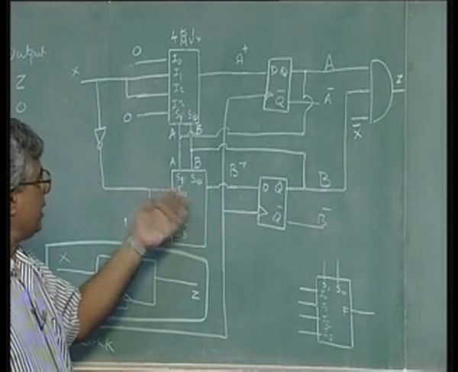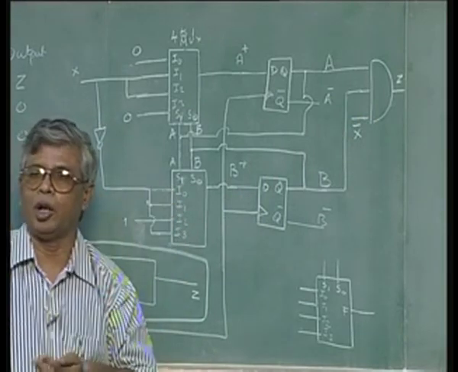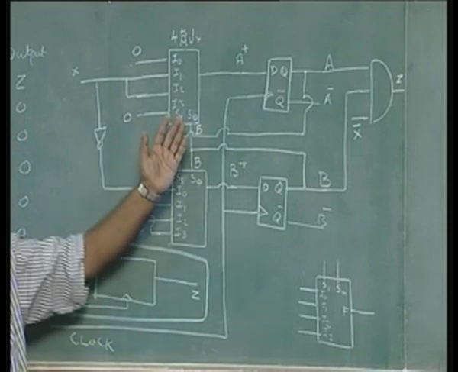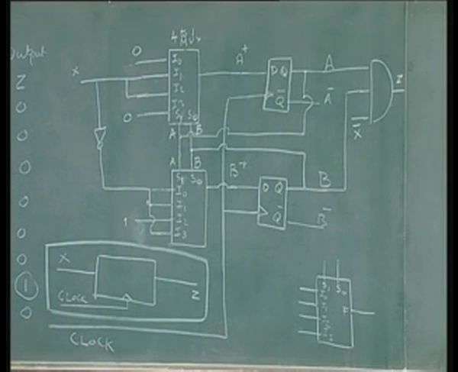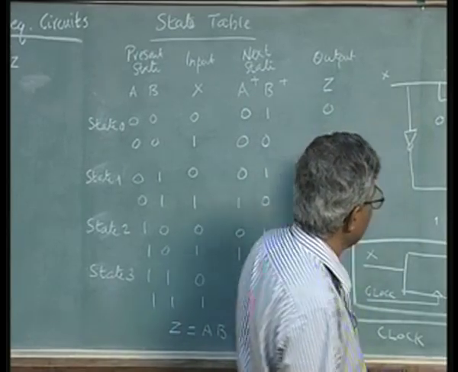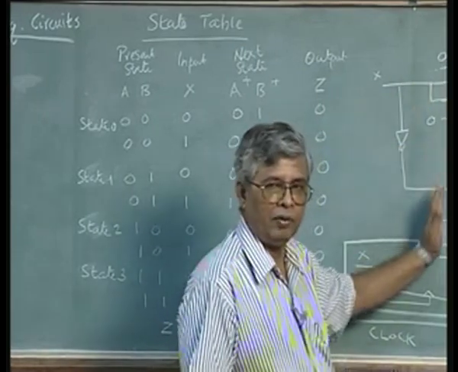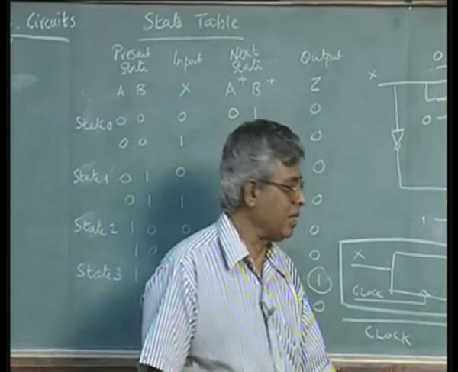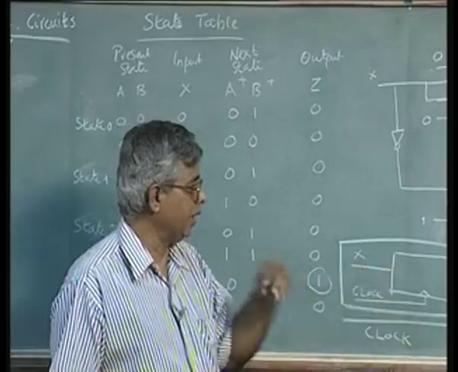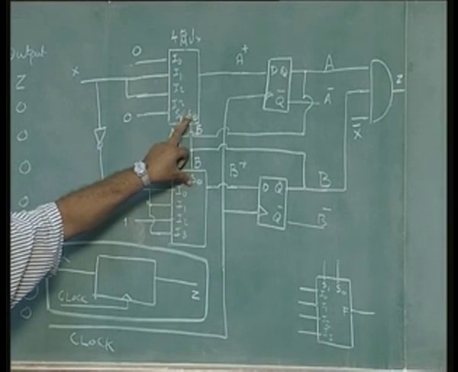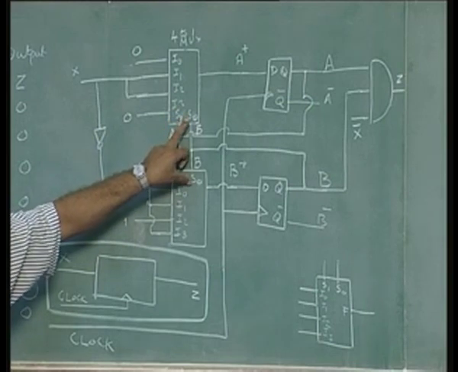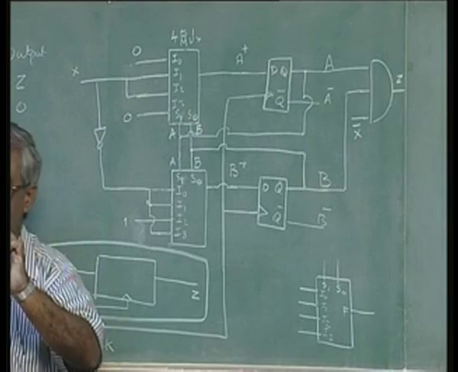The second thing is the design is so simple, I do not have to go through Karnaugh map reduction, etc. All I have to do is direct mapping, that is I have the state table, I have the hardware, so I match the truth table, the state table to the inputs of this flip flop. That is why it is called an MSI based design. MSI stands for medium scale circuit, and I already told you in one of the earlier lectures, these 2 4 to 1 multiplexers can be obtained as a single package.